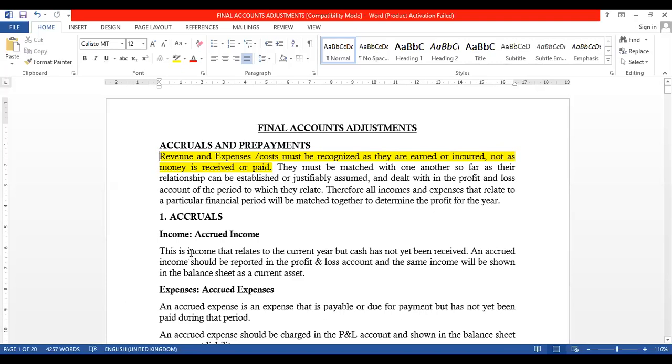The reason is that we want, for example, to establish the profit for 2019. If you want to recognize the profit a business made in 2019, you must remember that there were probably transactions from 2018, some from 2017, some from 2010 that might have been paid in 2019, right?